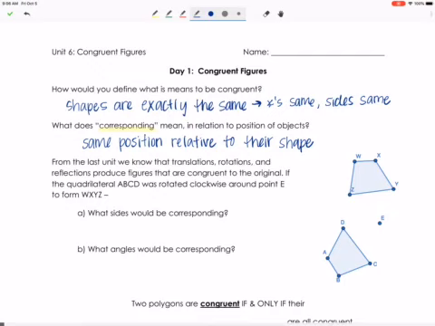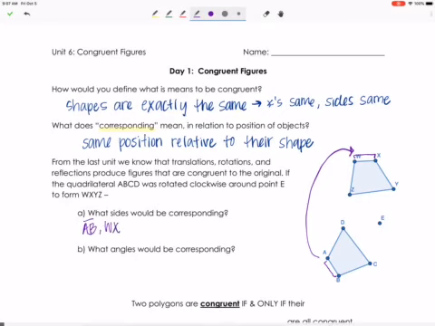So again, we talked about in the last unit rigid transformations producing congruent figures. So this first question says if the quadrilateral ABCD was rotated clockwise around point E so that it would form WXYZ as its image, what sides would be corresponding? So if we think about AB, the top short side would have rotated around to become the same side as WX.